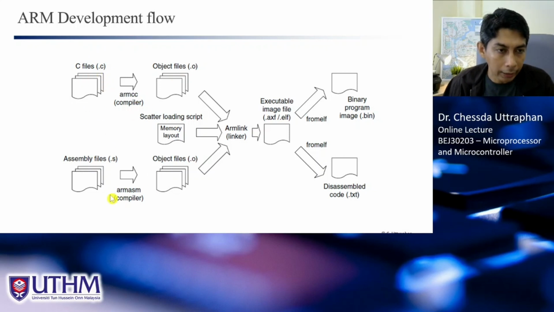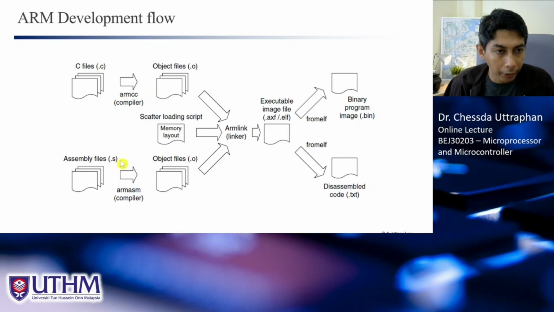So the compiler is the program sitting on your PC that is used to convert this source file into a machine language that is understood by the microprocessor, right? We call it compiler.